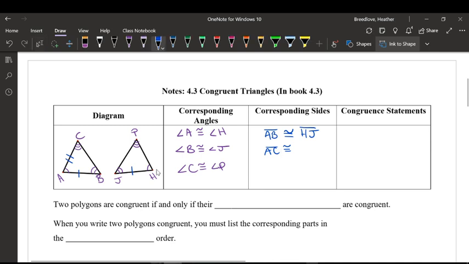So segment AC is congruent to segment HP. And the last side, I'm going to mark it with 3 lines and call it segment CB. CB is going to be congruent to, I started with the one with 3 lines, so 3 lines is P, so PJ.